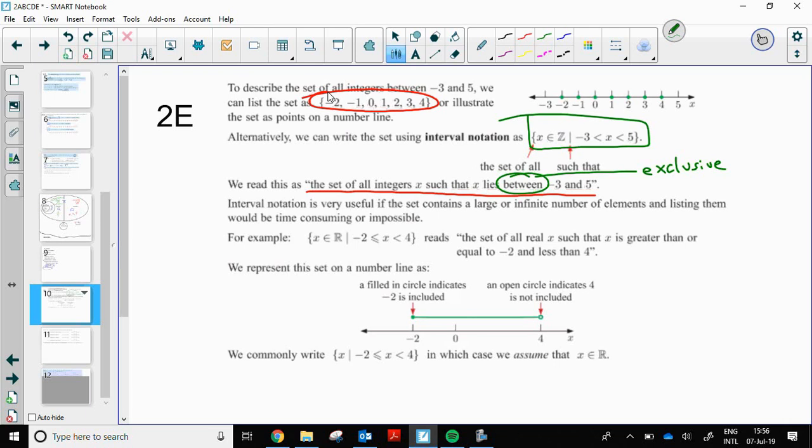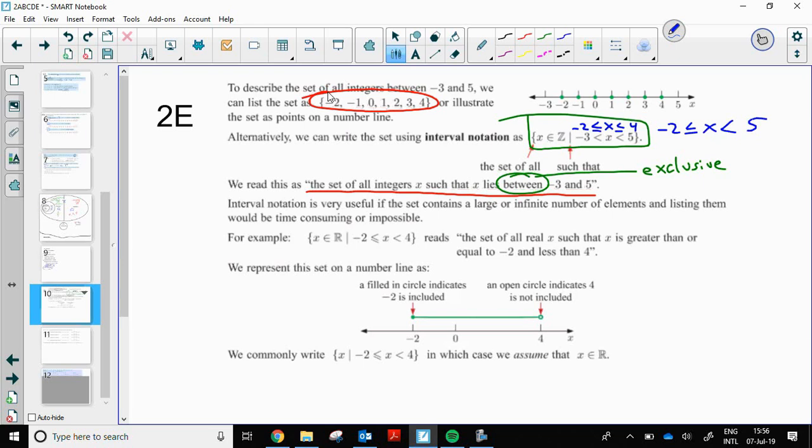We could have used -2 and 4 and included them like that. We could have been real jerks and said something like -2 and 5 like that. That's still correct. And we could have switched it around with -3 and 4 if we wanted to as well. Don't do that though. Be cool, guys.